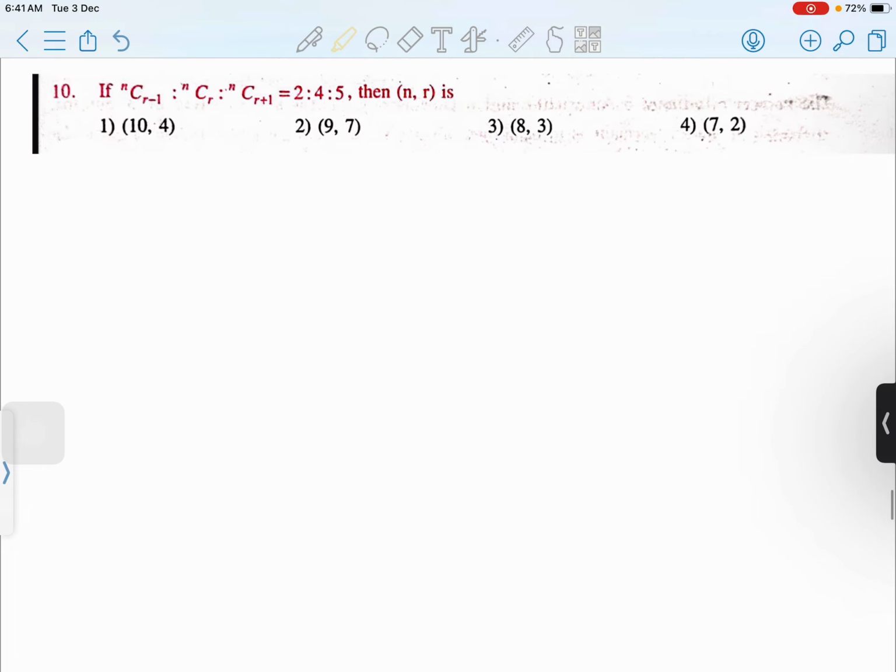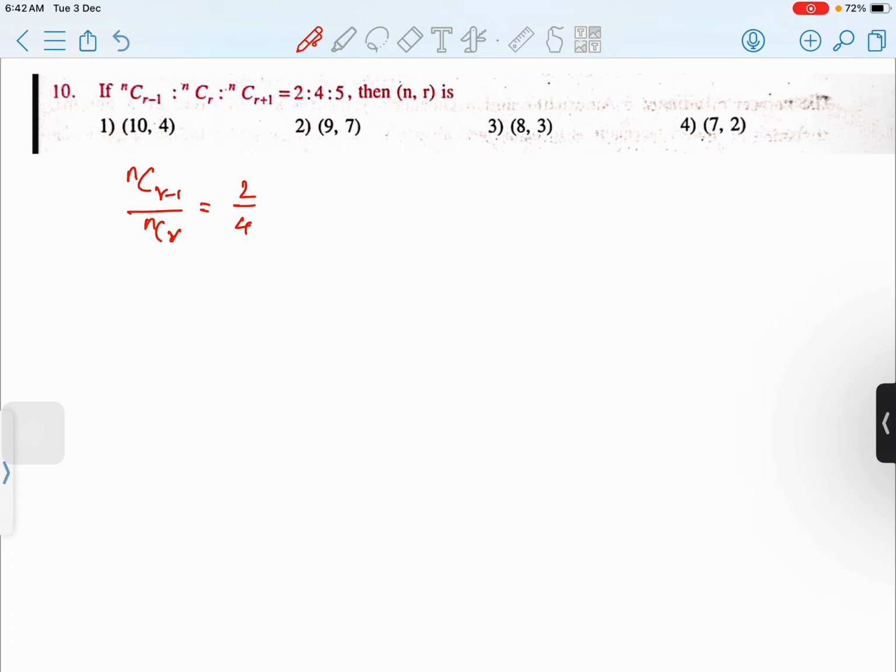Okay, next case you can go with trial and error, it is one of the options. Or you can do it by these formulas also. First take nC(r minus 1), compare the two things, it is equal to 2 by 4. If you compare these two things, the same formula applies, the nC(r minus 1) formula is there.